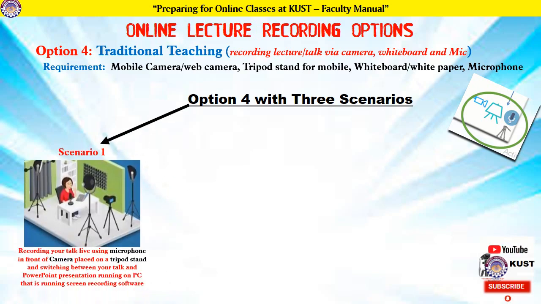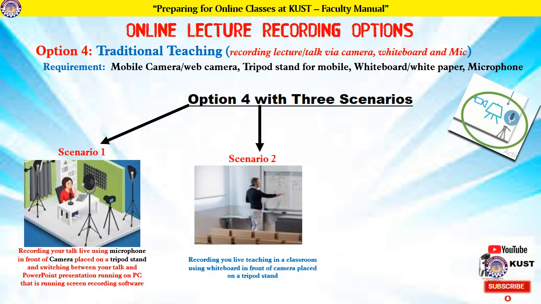So scenario number one is basically recording your live lecture using a microphone in front of a camera placed on a tripod stand, and switching between your talk and a PowerPoint presentation running on a PC that is running screen recording software. This is scenario number 1 in category number 4.